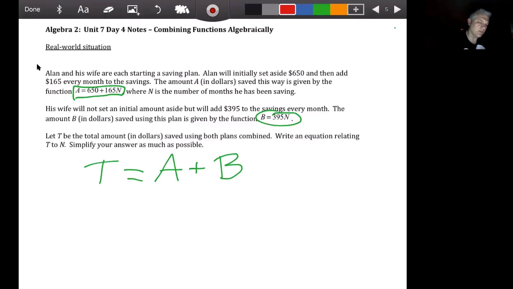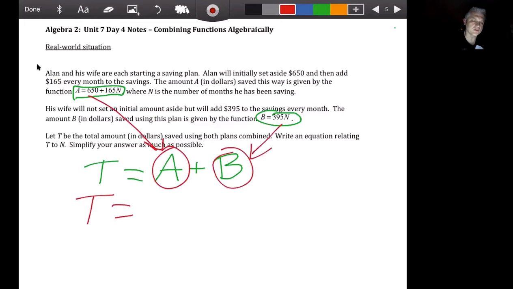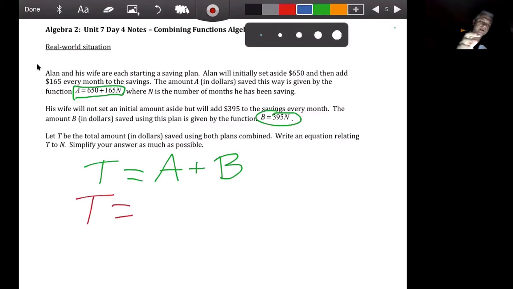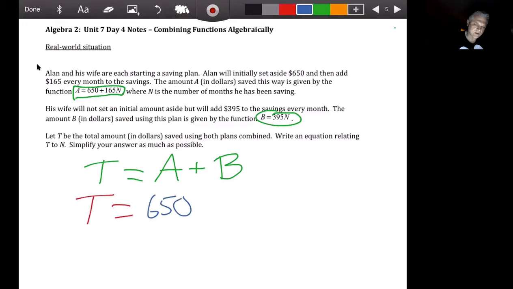Okay, so we just have to substitute what A equals and what B equals. Easy peasy, or as some of you like to say, this is light work. A is just 650 plus 165N.